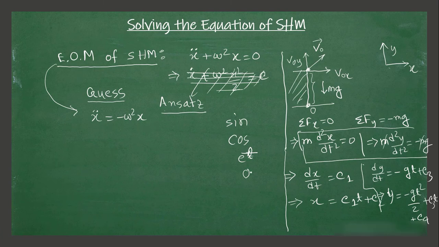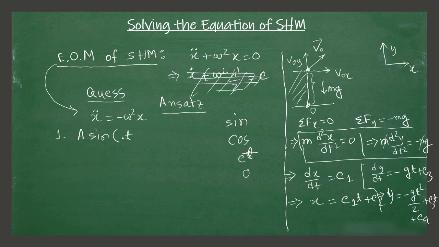Now let's write down these solutions in a more general form where it can be applicable as a solution. So a more general function of sine which satisfies this equation, we can write as some constant a times sine of time, because we have the derivative here with respect to time.